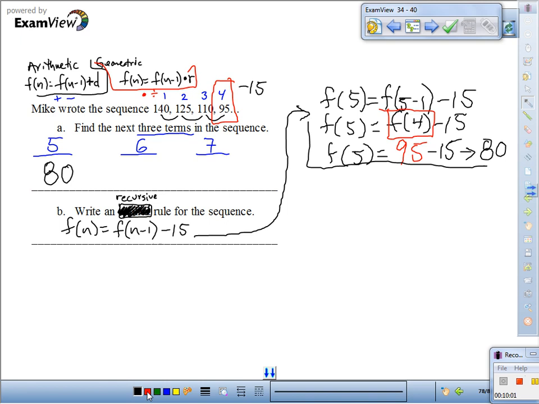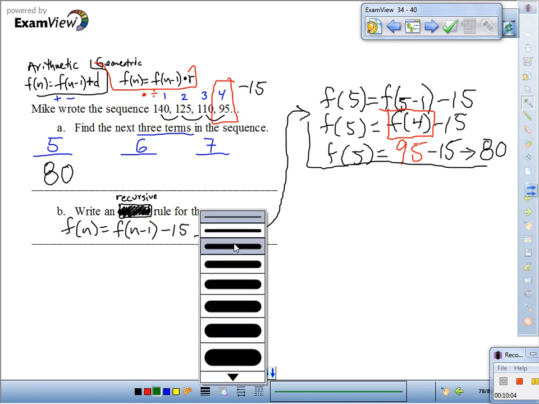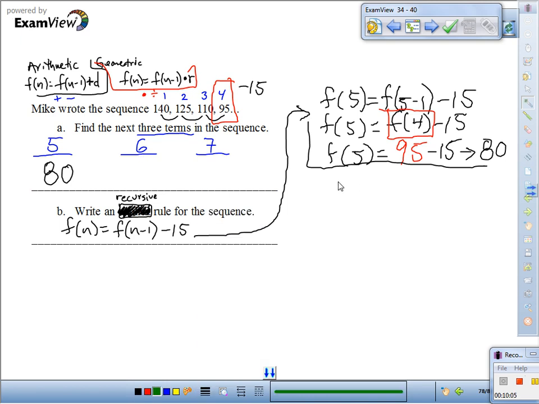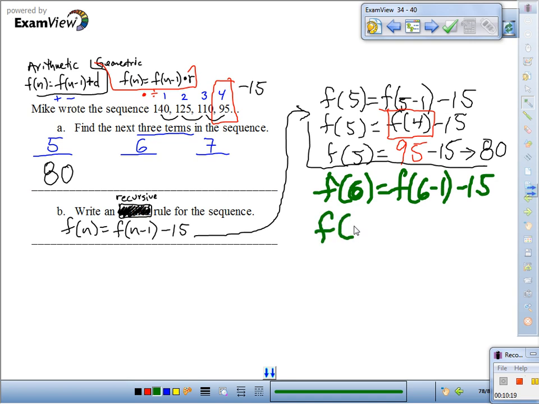Go to the next one. The next one is for 6. So we write f of 6 equals f of 6 minus 1, minus 15. F of 6 equals f of 5 minus 15.